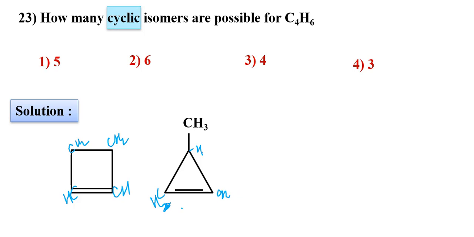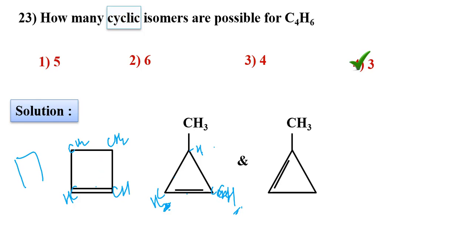Sorry, here 1 hydrogen, here also 1 hydrogen, because this carbon already has 3 bonds. 1, 2, 3 plus 3, total 6 hydrogens. And one more: this pi bond we can keep here also. These two are different compounds, but in case of the first compound, if you keep the double bond here, or I keep it here, these both are equal, it's not different. So total is only 3.